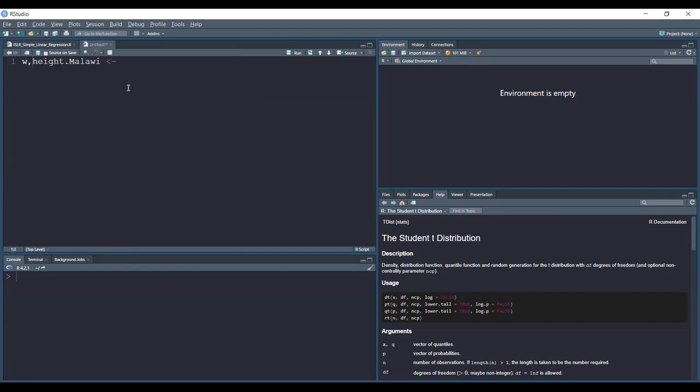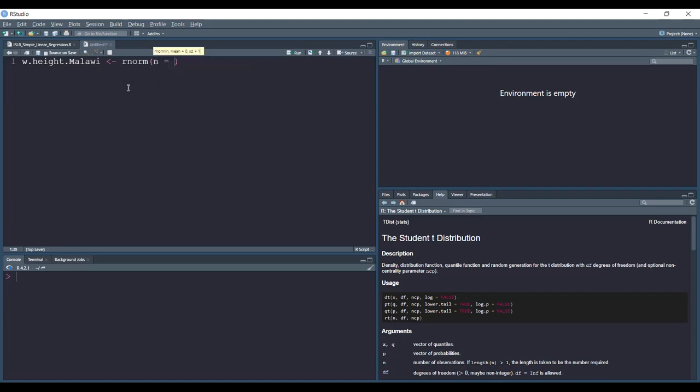So we'll do women's heights in Malawi, and we have our data, and the data would suggest perhaps that the distribution of women's heights in Malawi in a specific decade, the 1990s, follows a normal distribution, and I can just generate maybe 100 of these heights.